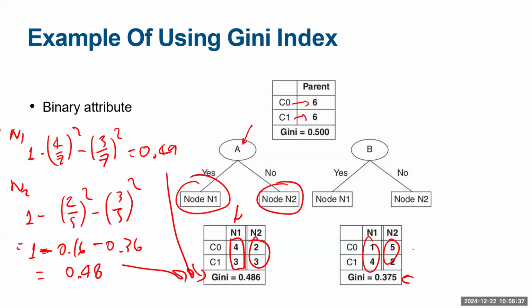Because the Gini index of the parent would be the same no matter what split you pick, you only care about the Gini index of the children. So which one do you pick, A or B? B, right? You want to pick the split that has the lower Gini value. So you pick B.